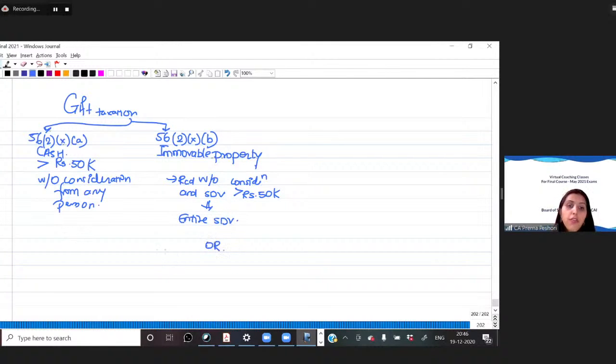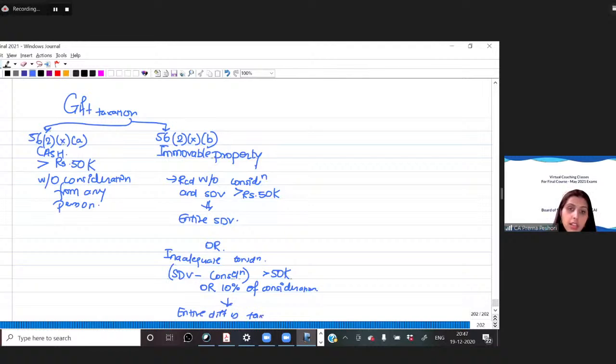Or for inadequate consideration, then SDV minus consideration is greater than 50,000 or 10% of consideration, entire difference is taxable.